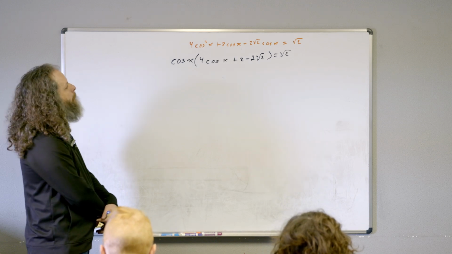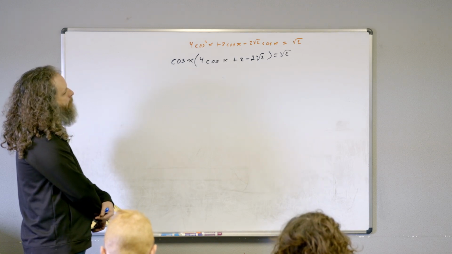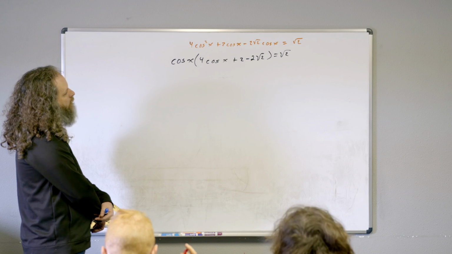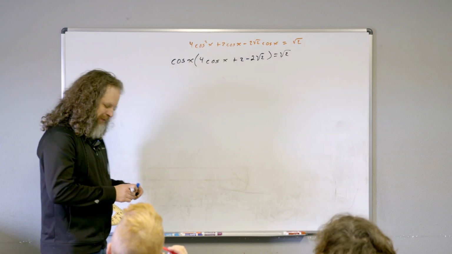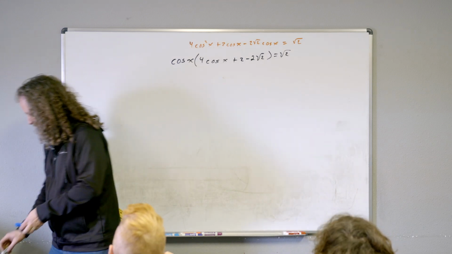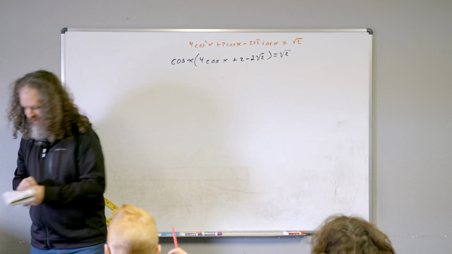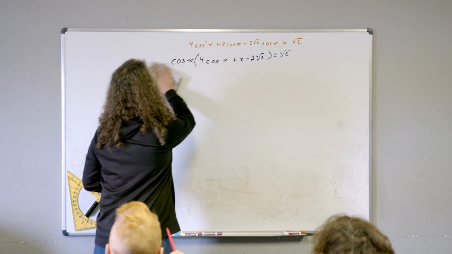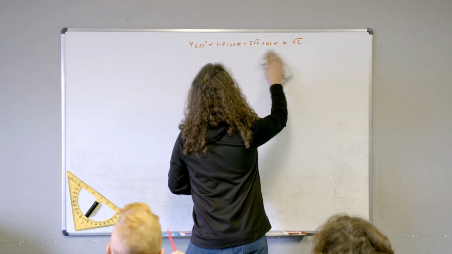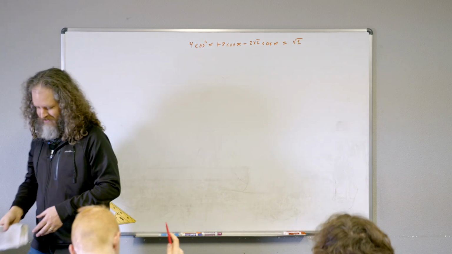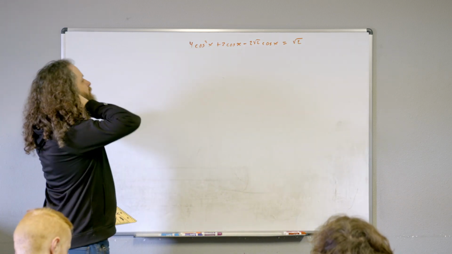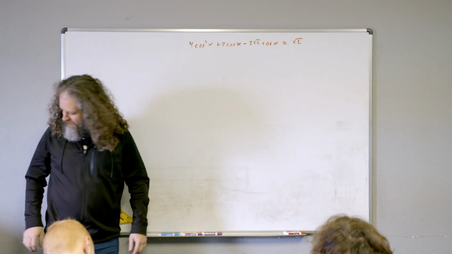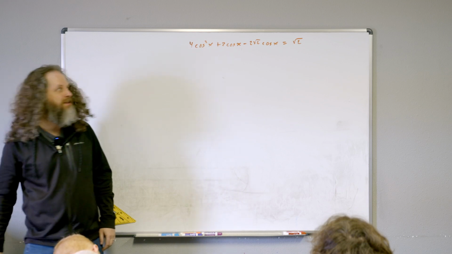So should we have moved the 2 to the other side first? Okay, so this problem is even uglier than I first thought. What I first thought was a cakewalk compared to what we actually need to do.